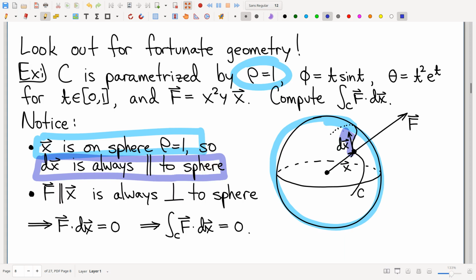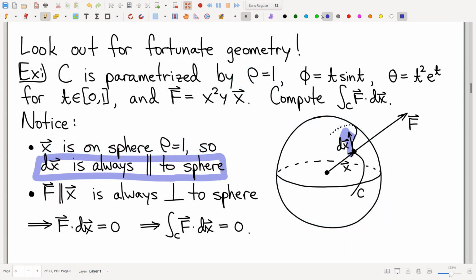Okay, next thing. Let's think about our vector field here. Here's our formula for our vector field. Notice it is a scalar function times the position vector x. Here we go. We have a scalar function times the position vector x.